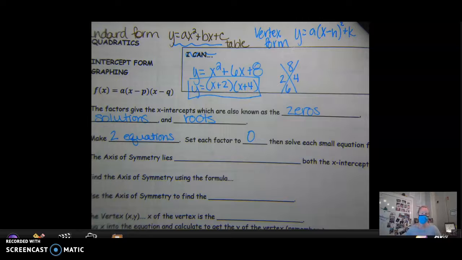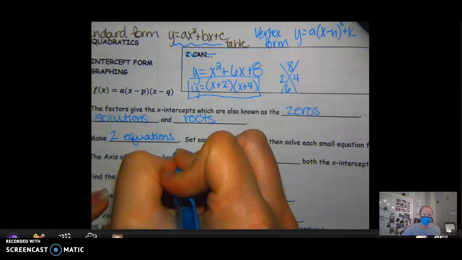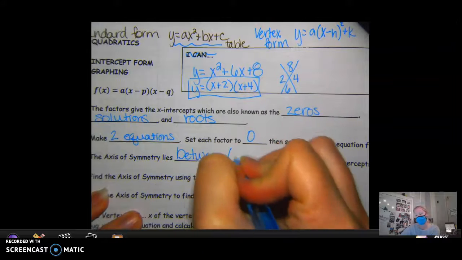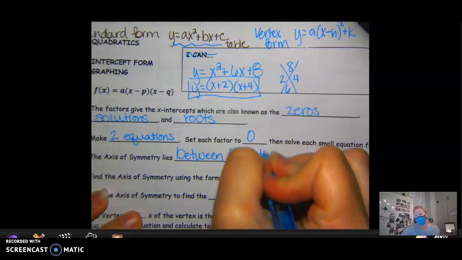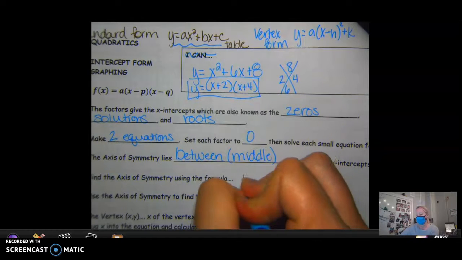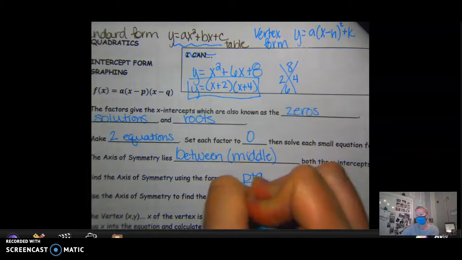The axis of symmetry lies between, or the middle, between both the x-intercepts. You're going to find the axis of symmetry formula, which is doing p plus q divided by 2.